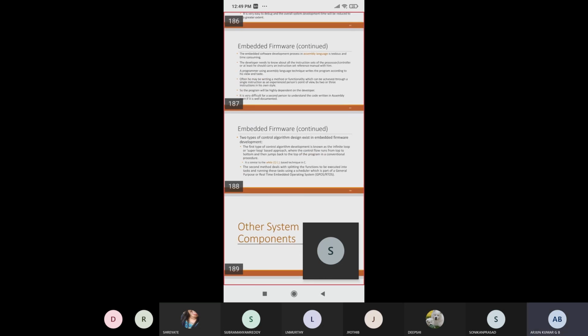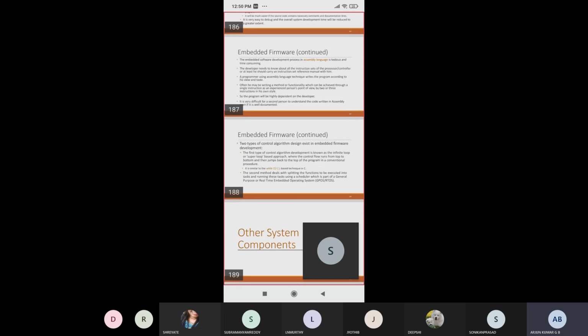Two types of control algorithm designs exist in embedded software development. The first type is known as the infinite loop or super loop based approach, where the control flow runs from top to bottom and then jumps back to the top of the program, following conventional procedures.